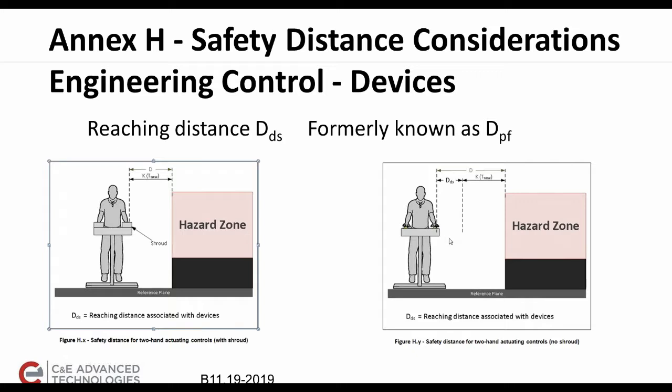The other side on the right, however, does not have any shields, which allows an operator to extend part of his body, such as holding the button down with his elbow and reaching towards the hazard with his hand. Therefore, we have both the D sub DS for the distance that he can get a head start, if you will, and then also the shutdown reaction time.